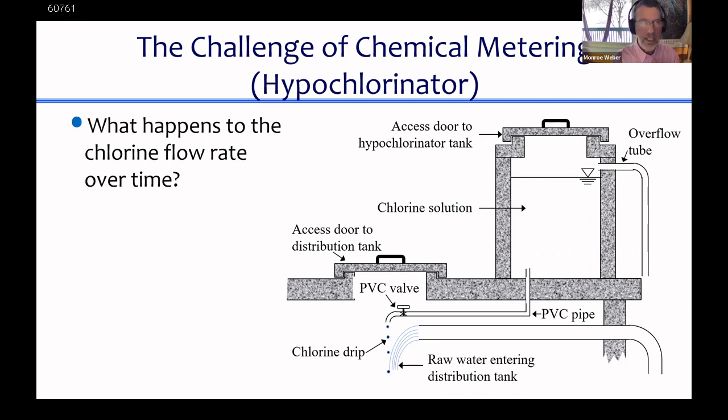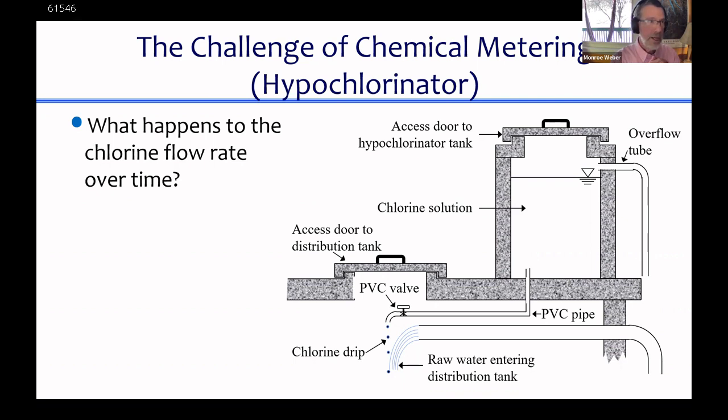So what happens over time? The chlorine level drops in that tank. And so the elevation difference that's pushing the chlorine through that valve is dropping. And you can think about that orifice equation again, where the flow rate goes with the square root of the height.